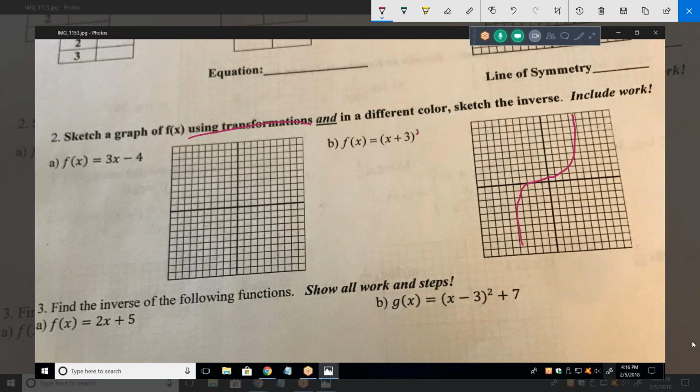I'm not sure. Well, you have to know your transformations. There's 6 different transformations, okay? This is a horizontal shift to the left by 3 units. So instead of this graph here that I've graphed, I'm going to graph the exact same graph, only I'm going to shift it to the left.